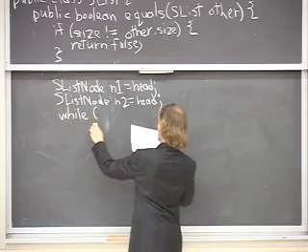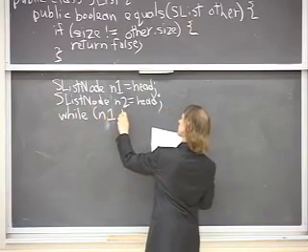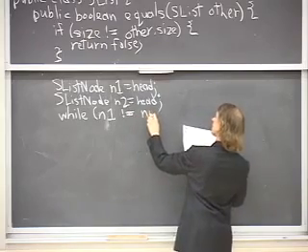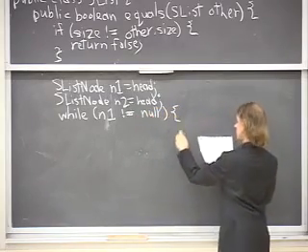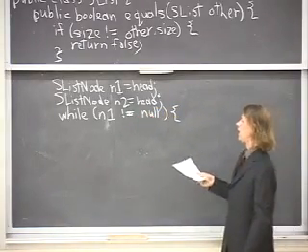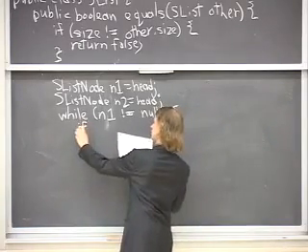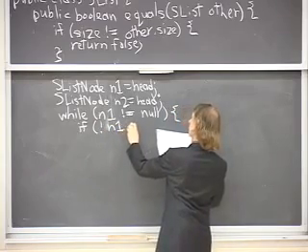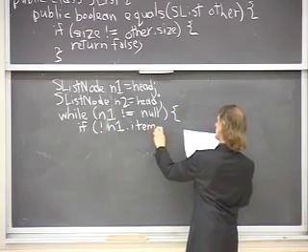So I'm going to have a little while loop that loops as long as the first list still has an item to compare. And then I'm just going to check whether both nodes point to the same item or different items.